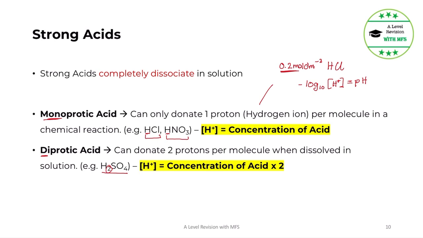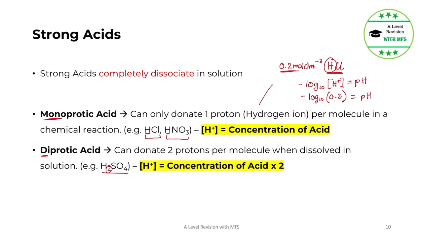So we would substitute in minus log base 10, 0.2 in order to work out the pH. And this is for HCl because HCl is a monoprotic acid. There's only one hydrogen ion.